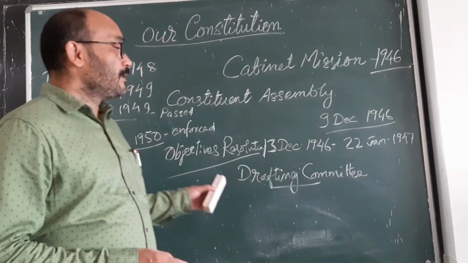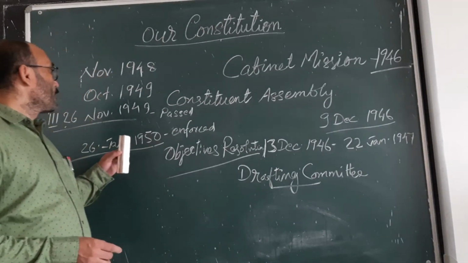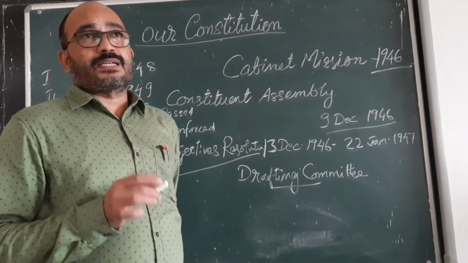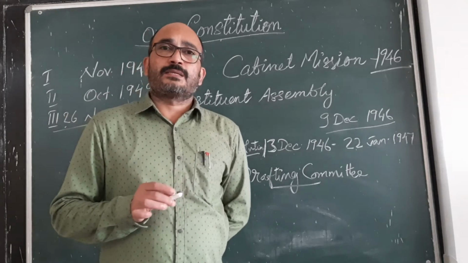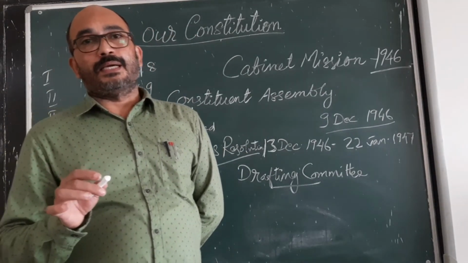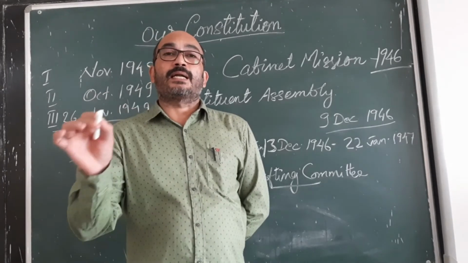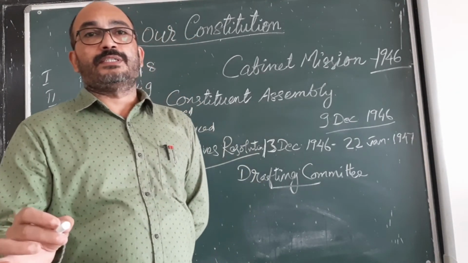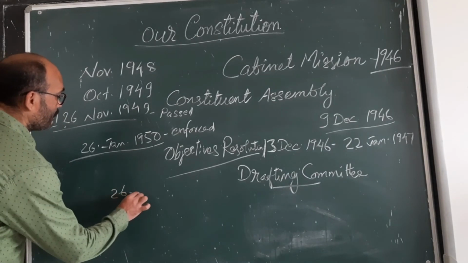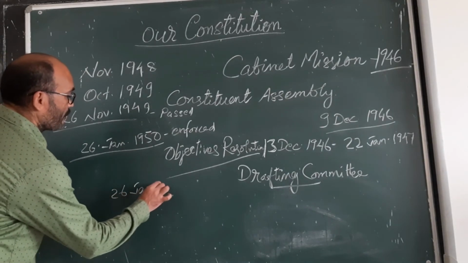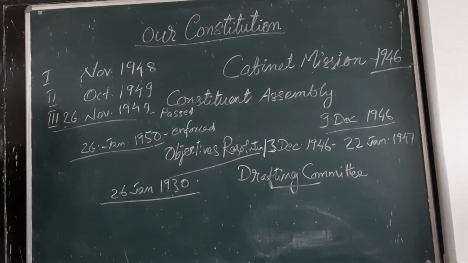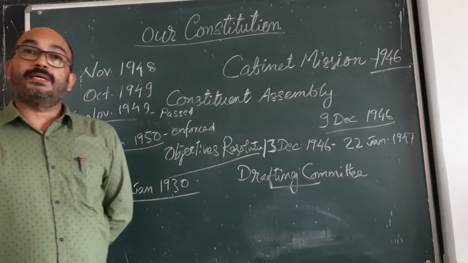So, as per the resolution passed by the Indian National Congress in the Lahore session in November 1929, the next 26 January, that is 26 January 1930, was celebrated as the complete Independence Day.